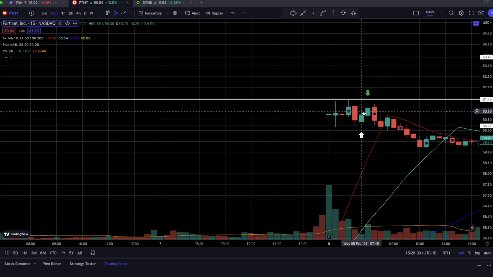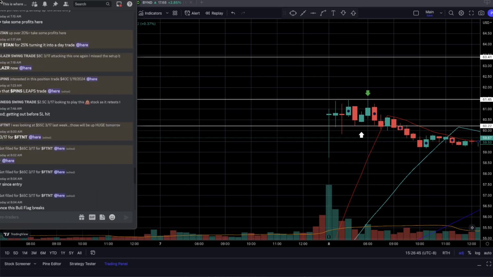And as the next candlestick formed, we got a lot more volume. And thanks to that volume, we started to move up higher and higher, ultimately breaking over 61.